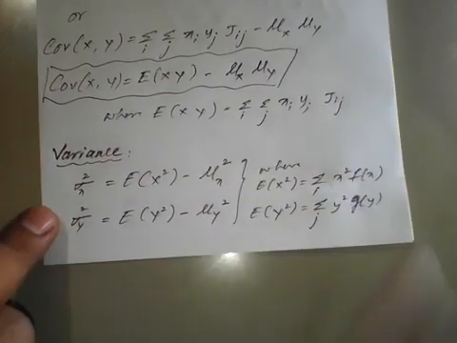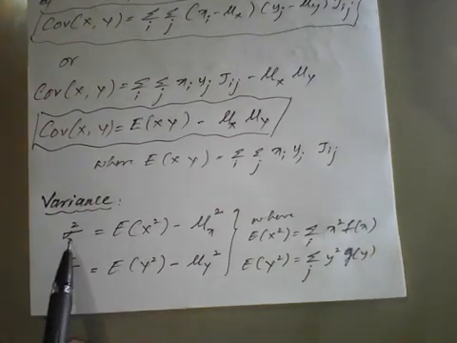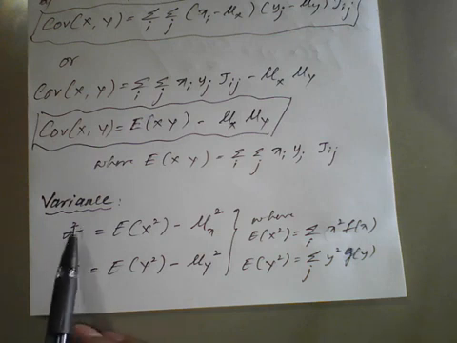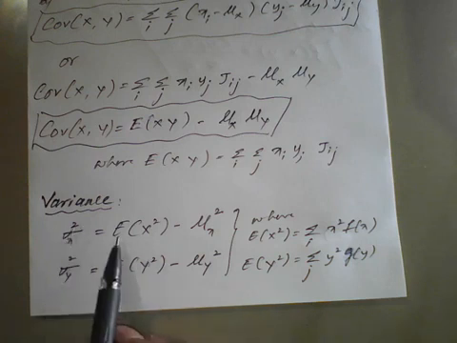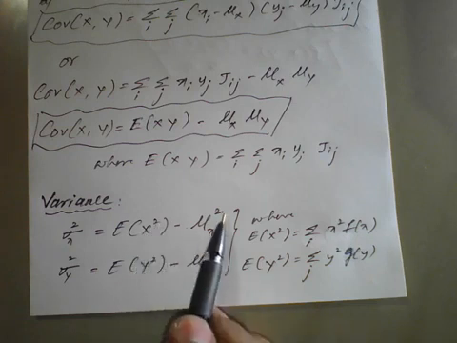Similarly, the variance formula is given by the following. Symbolically, variance is the square of the standard deviation, denoted by sigma x square, or V of x, or rho x square, which is nothing but expectation of capital X square minus mu x square.